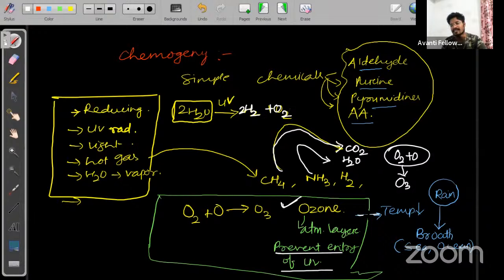All these reactions result in reduction of the temperature. As the temperature went down, water which was in vapor form got condensed, and condensation resulted in extra cooling, and extra cooling resulted in rain.